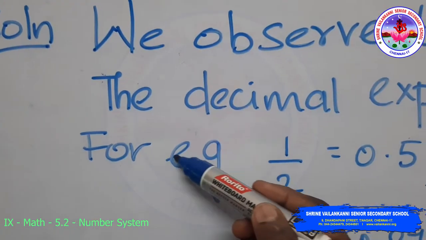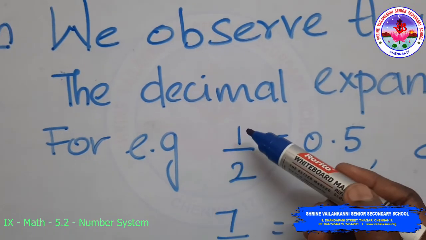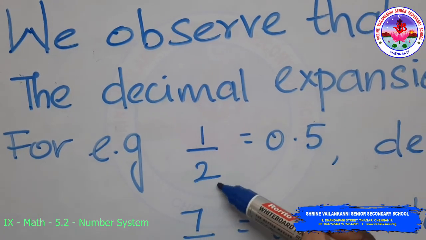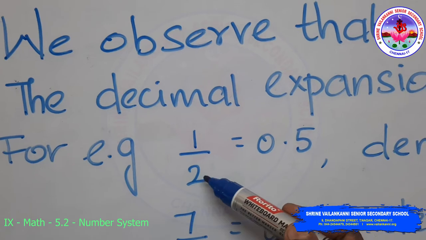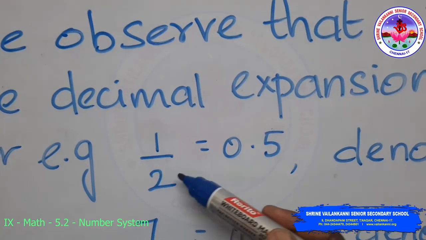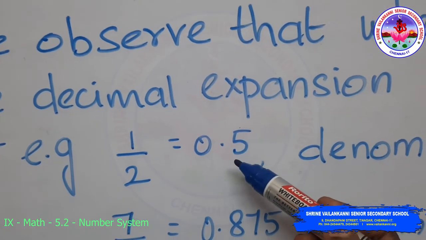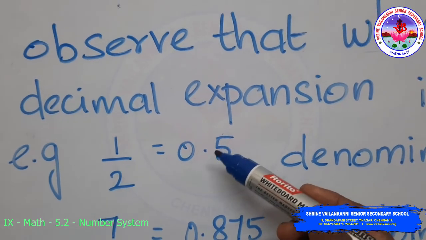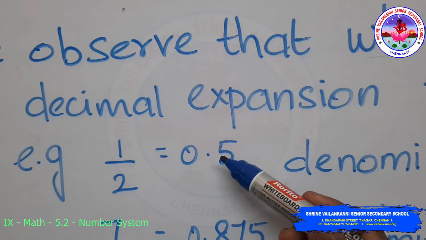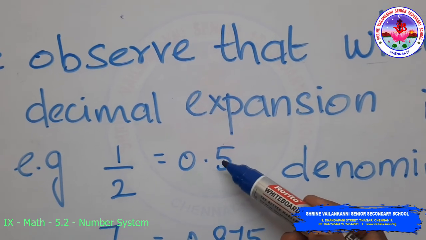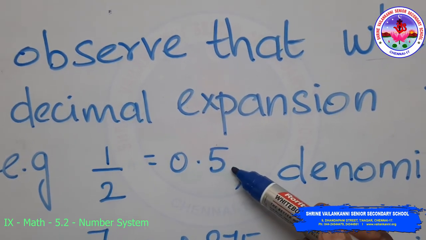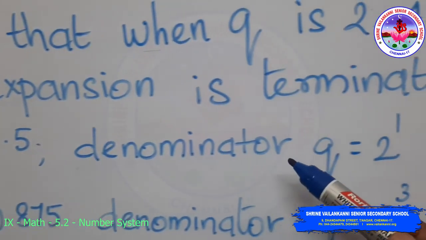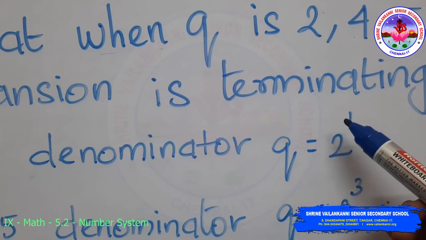Let us consider an example. 1 by 2, where you have denominator q is equal to 2, whose decimal expansion will be 0.5. So this has a terminating decimal expansion since after 5 it ends, getting the remainder 0. So when my denominator q is 2, that is 2 power 1.